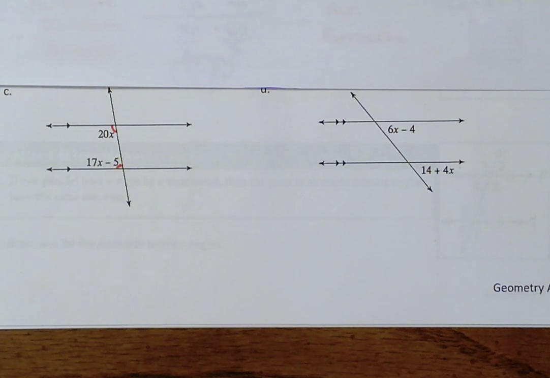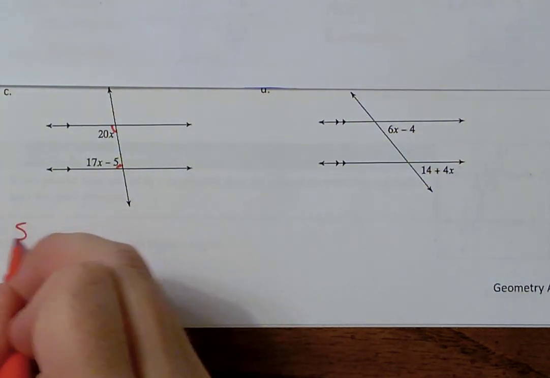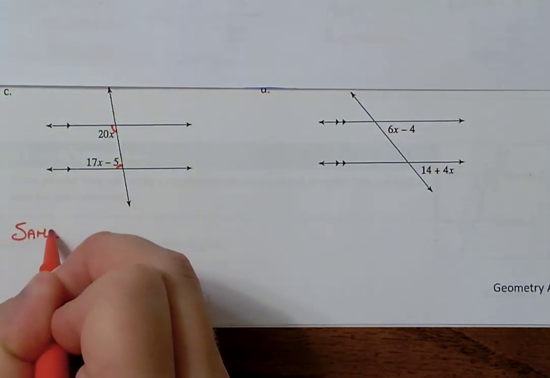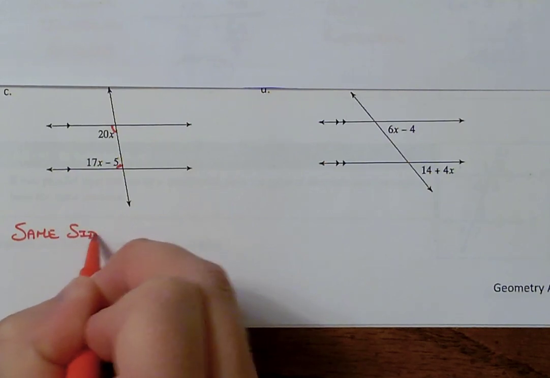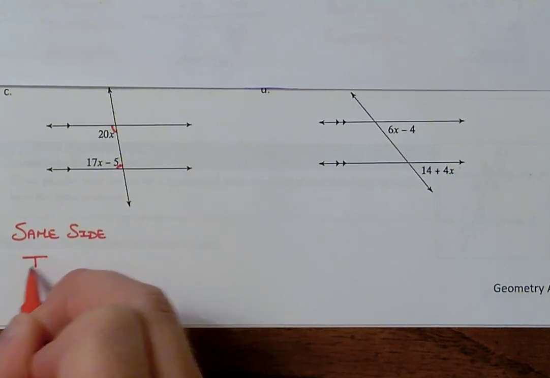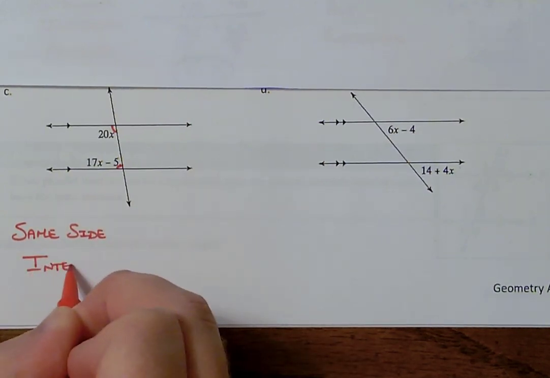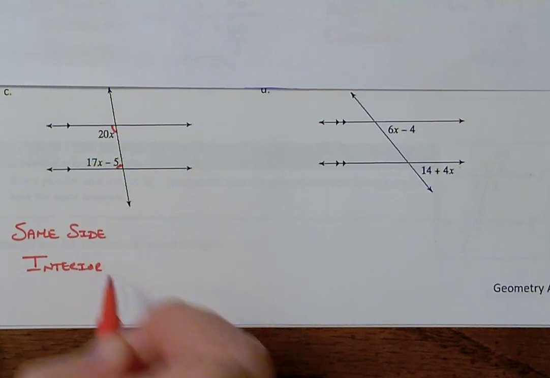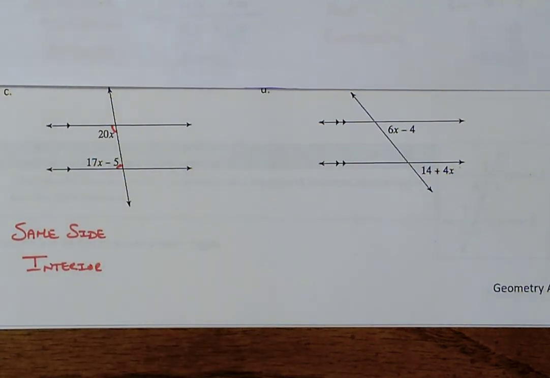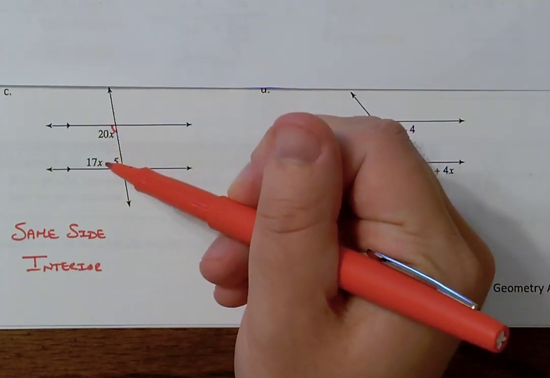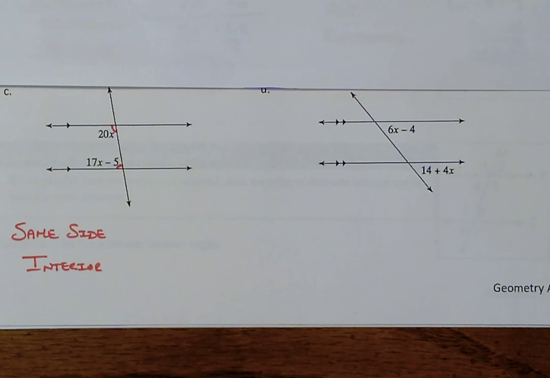Knowing that, that is going to indicate that they are same side interior angles, because they are on the same side of the transversal and in between the parallel lines. Now, the same side interior angles theorem, which we talked about on the front side, states that these two angles add up to be 180 degrees.